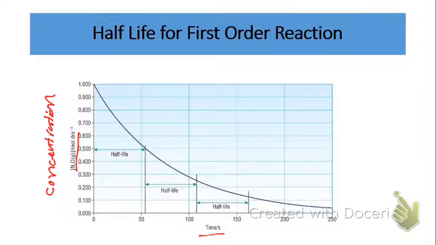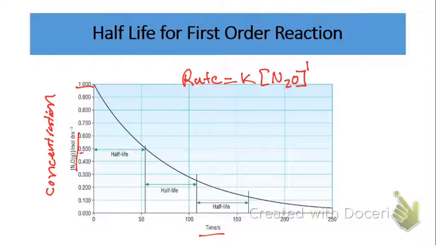So the rate law for this reaction is equal to k, the rate constant, times the concentration of the only reactant, N2O2, to the first order. All right, and according to this graph, we're going to start out with a 1 molar concentration of N2O2. That's the initial concentration.